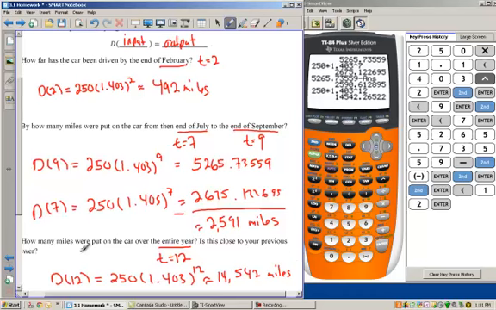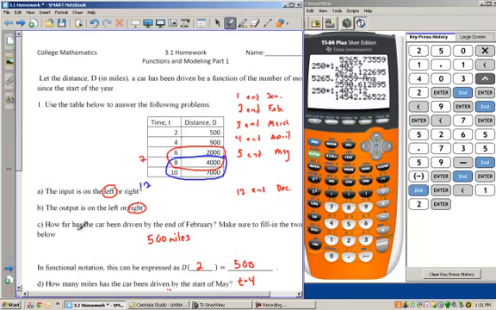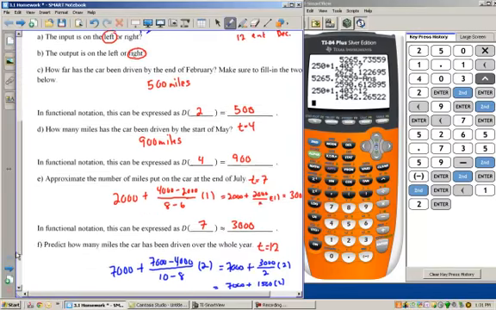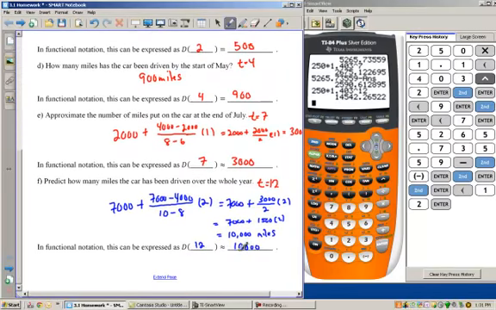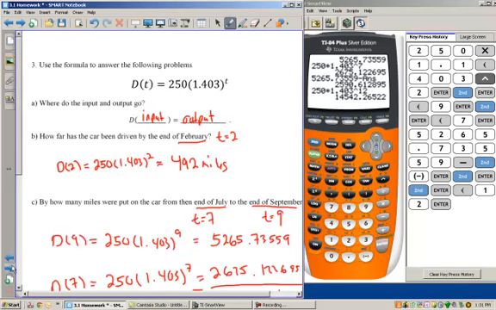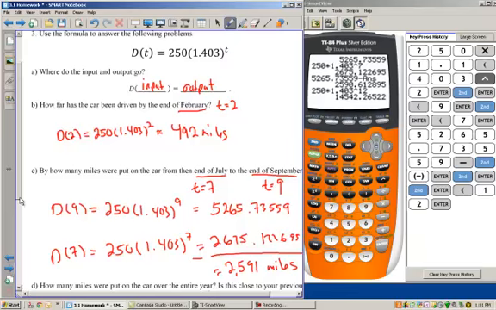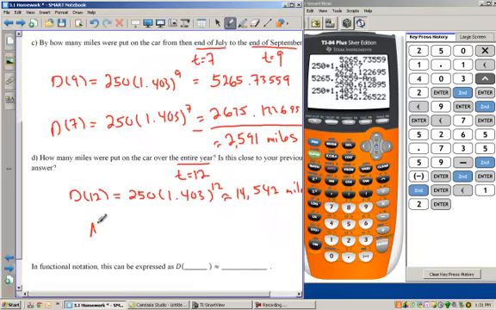miles. Okay. Is this close to my previous answer? Well, I have to go all the way back to the first page and look. And I got about 10,000 miles here. So maybe I'll say, not very close, really. In this case, not very close, because it's off by almost 5,000 miles.